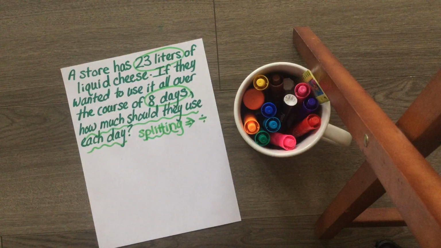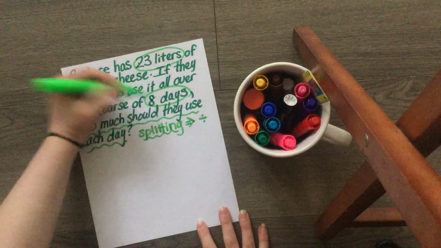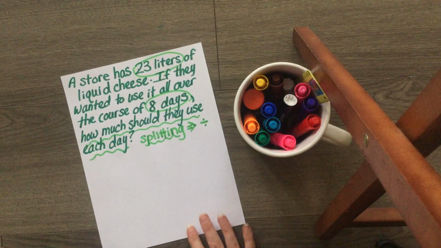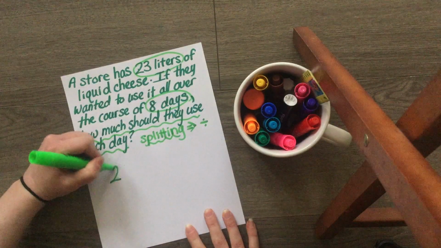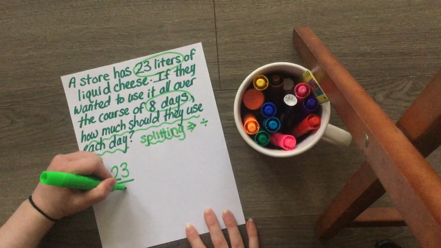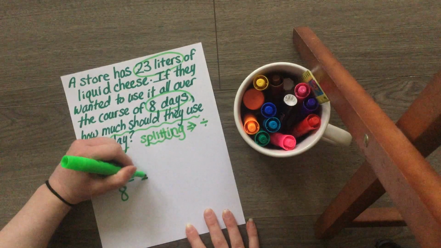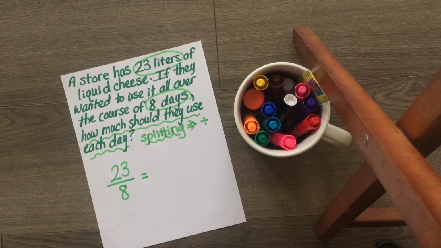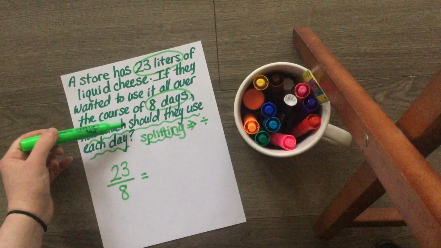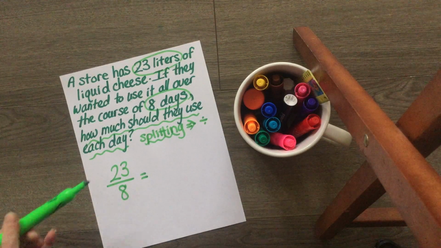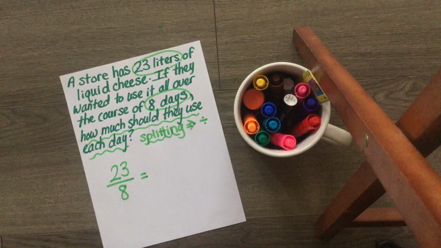And so as a result, I'm going to take my two numbers and I'm going to represent my division problem as a fraction. It's going to look like this. 23 liters of liquid cheese divided by 8. Only this is not a good answer to my question. When I ask how much cheese should they use each day, the answer should be 23/8 liters.